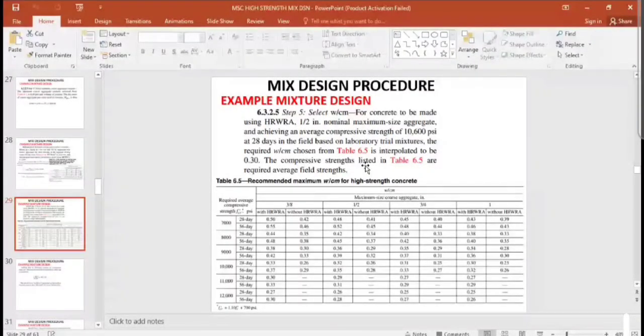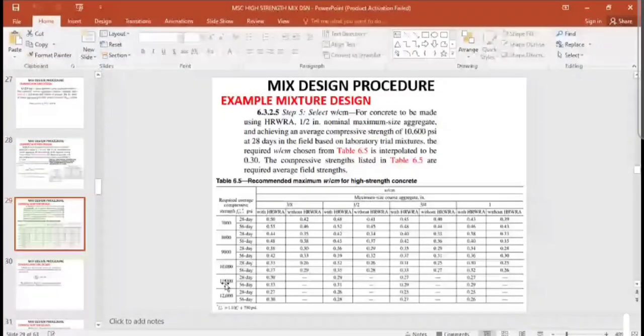Now we will find out the water to cement ratio. Our concrete target strength is 10,600 psi. So at 28 days, water to cement ratio we need to find out, because this is 10,000 psi, this is 11,000 psi.